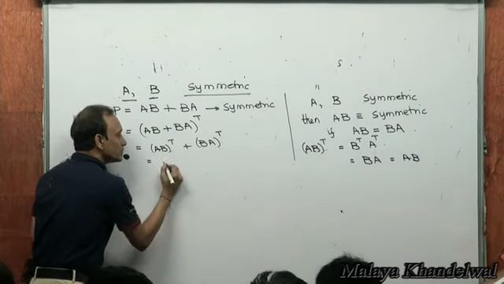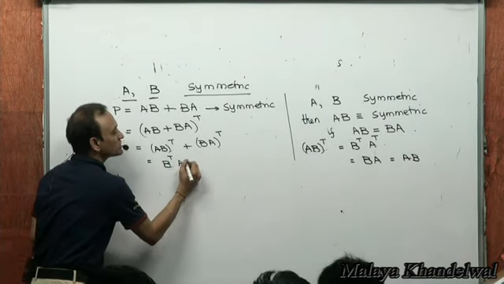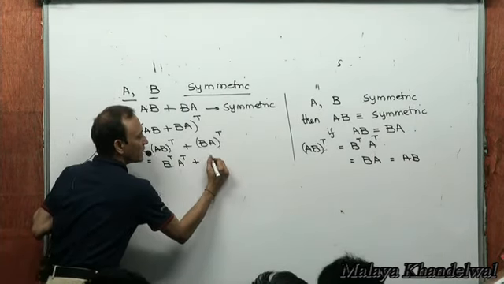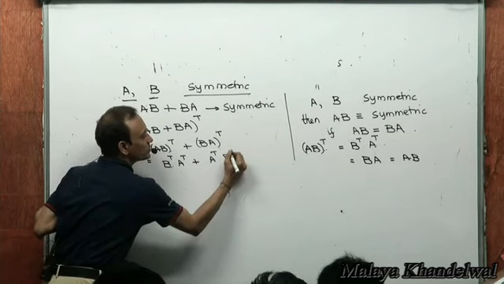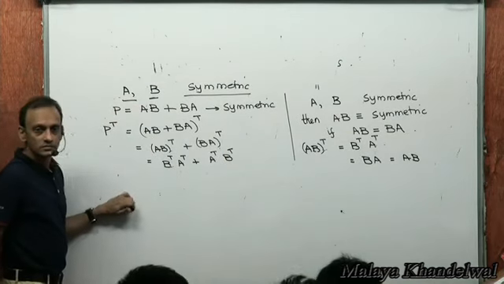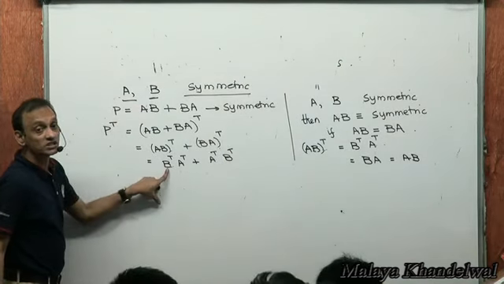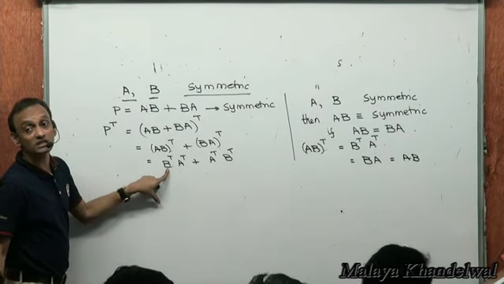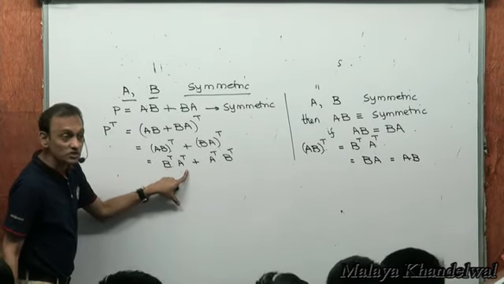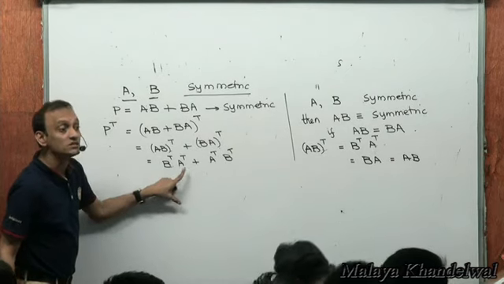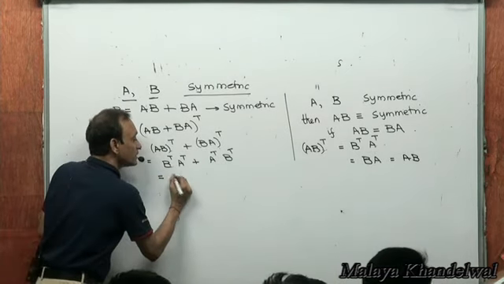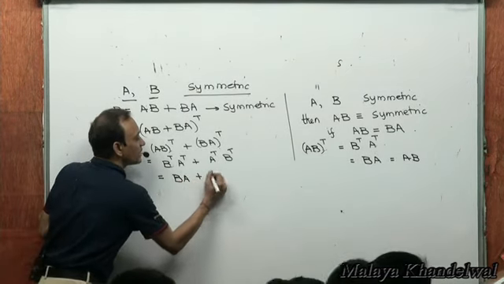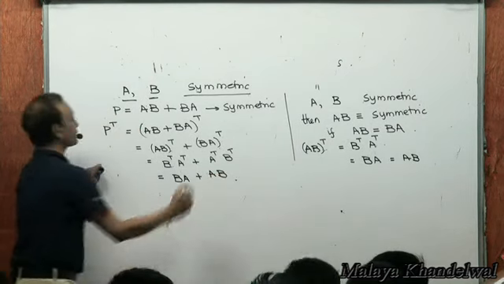Which is like B transpose into A transpose plus A transpose into B transpose. Yes or no? But B transpose is B because B is symmetric. A transpose is A because A is symmetric. So this is like BA plus AB.